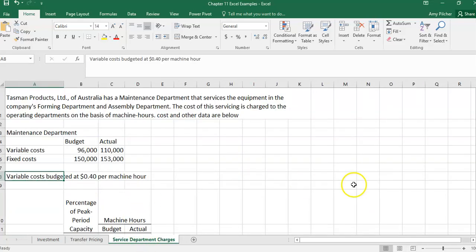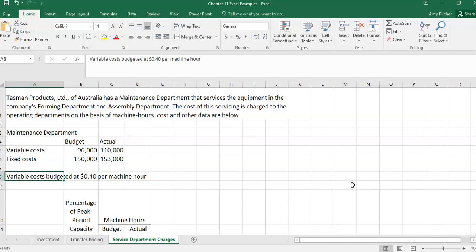Our last example in Chapter 11 is the allocation of service department charges. The allocation of service department charges is very similar to the allocation of overhead that we've done in previous chapters. When we're allocating service department charges, these are departments that provide services to the business as a whole.